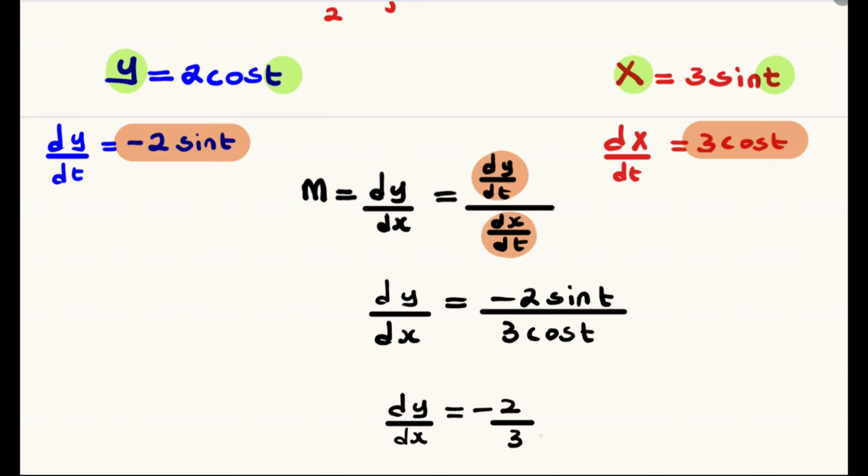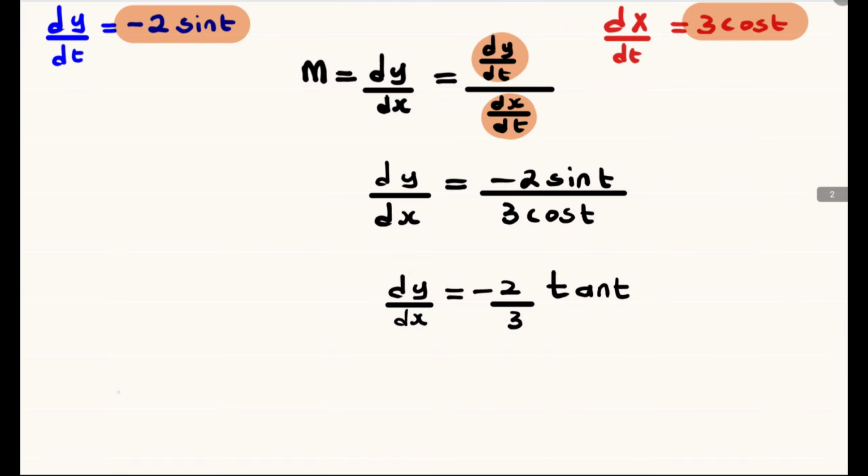of t. Now we can substitute the pi divided by 4, so our m will be the dy divided by dx at the point pi over 4 equal to negative 2 divided by 3 multiplied by the tan of t, but our t was given as pi divided by 4.